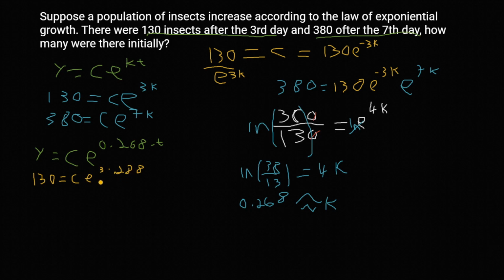And then we can solve for C by just substituting into our calculator, and we get that C is about 58 cents. And so that would be our initial population.